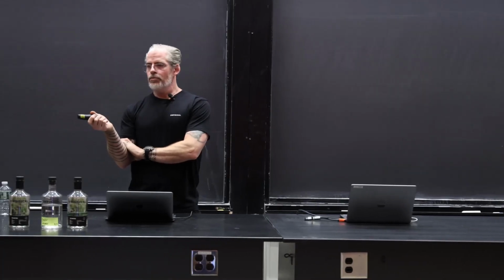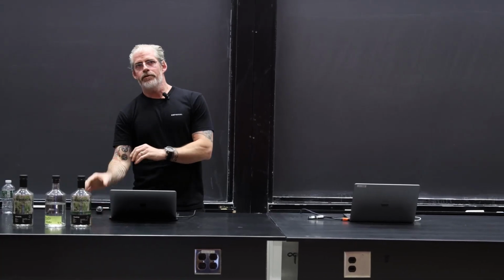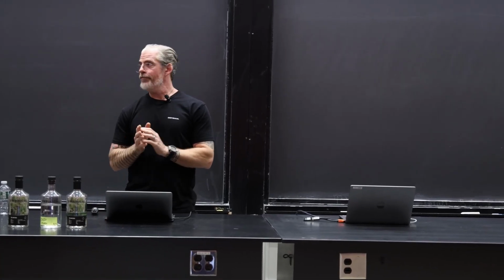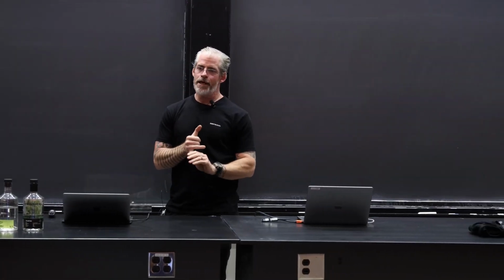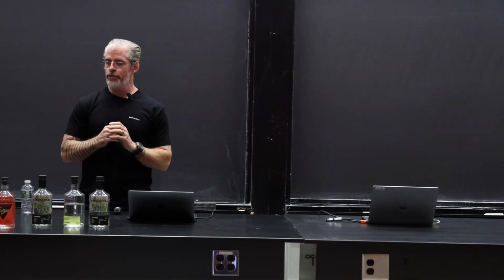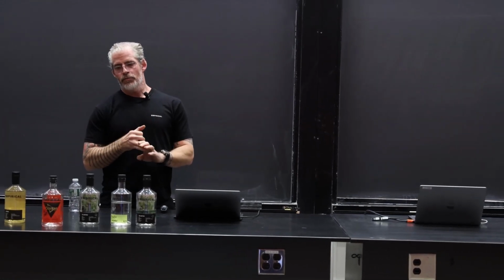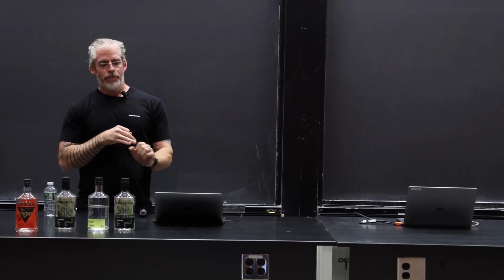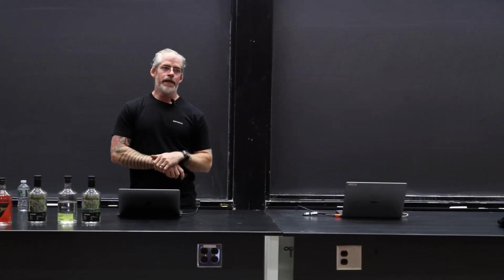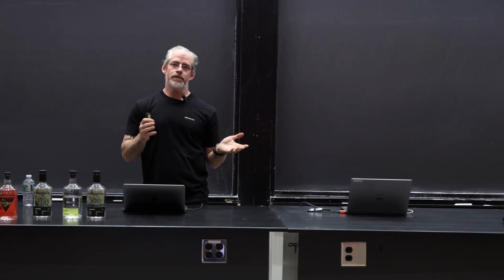At Empirical, creatively, I would say there's typically three different avenues that we'll go down. One is falling in love with a botanical and just trying to express that as cleanly and simply as we can. The second one would be falling in love with a process.